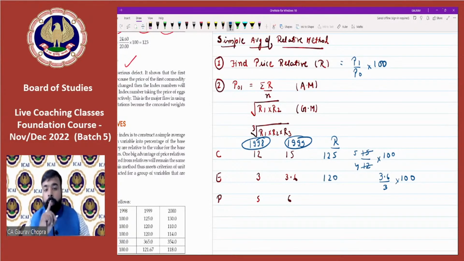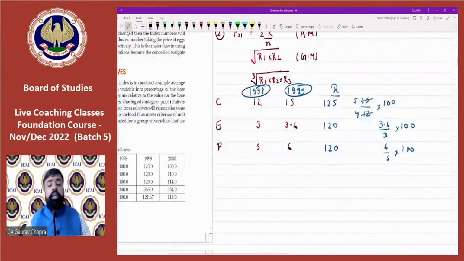And then for the third one, 6 upon 5 into 100, again we are getting 120. So this is relative R. So we have done the first step, that is we have computed R for each and every commodity.